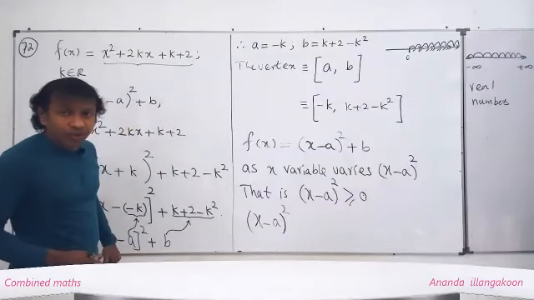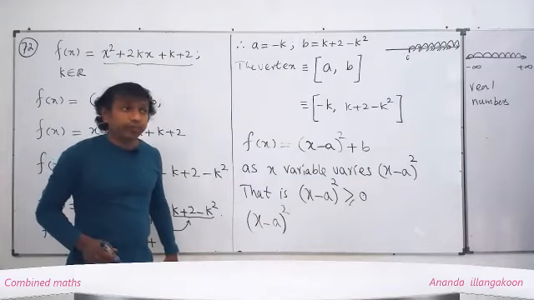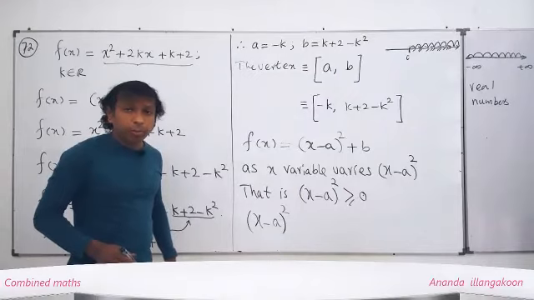The maximum value of x minus a perfect square cannot be found, but it has a minimum value, that is 0.